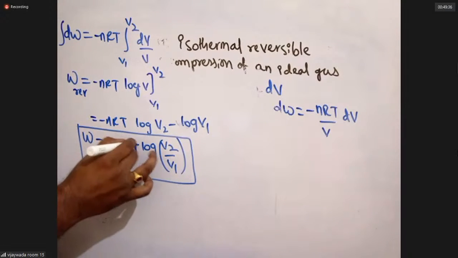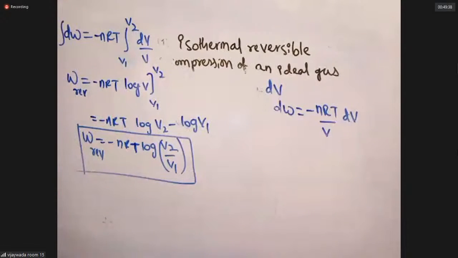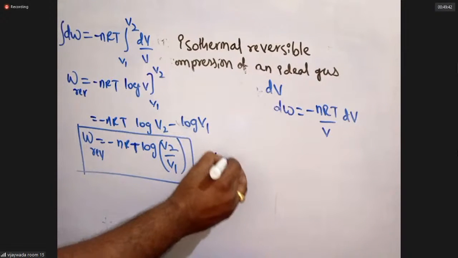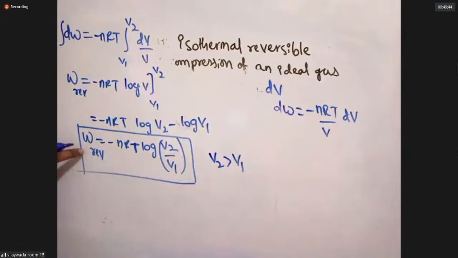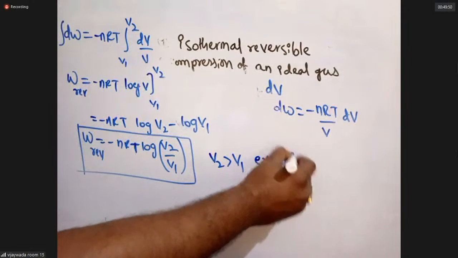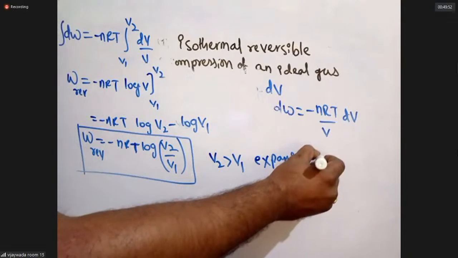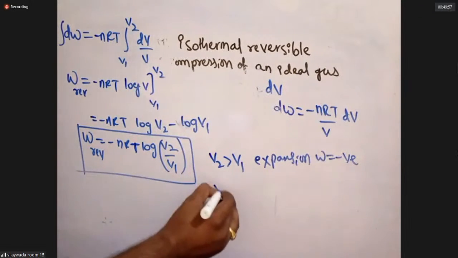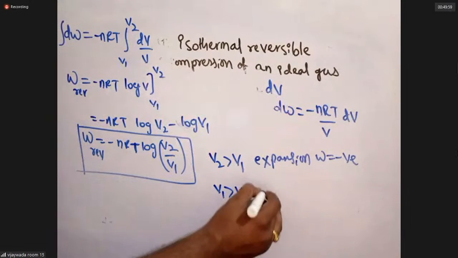Very, very important equation, students. In expansion, V2 greater than V1. That's why work done is negative. So V2 greater than V1, expansion, it is a reversible expansion. Then work done value is negative. V1 greater than V2 in compression.